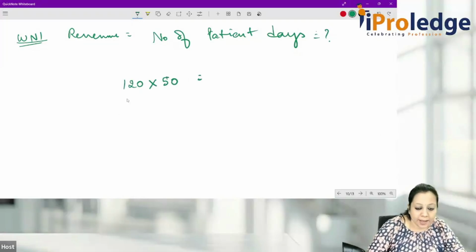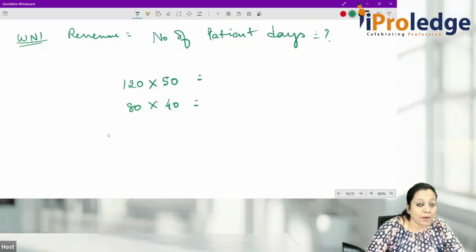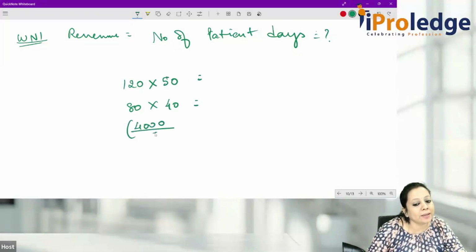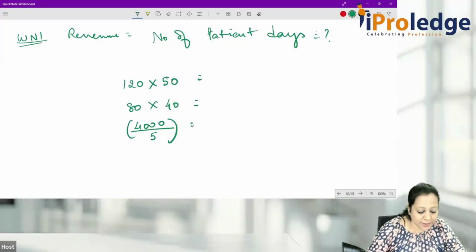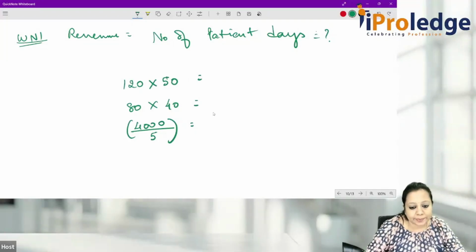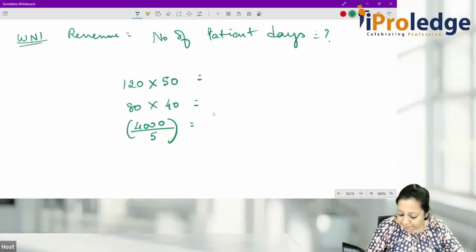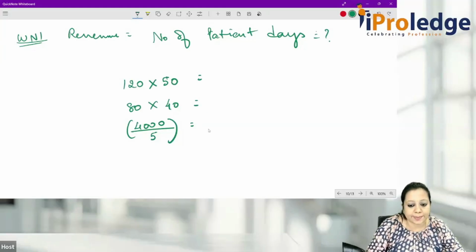This is one category. Next, for 80 days only 40 beds are covered. What about the extra bed days? They have said it is going to be 4,000. But how many beds are available? So how many bed days are there? 4,000 divided by 5, that is 800.